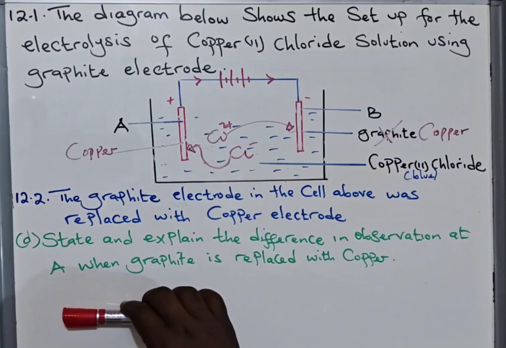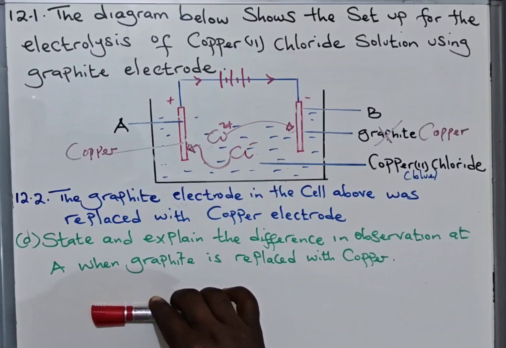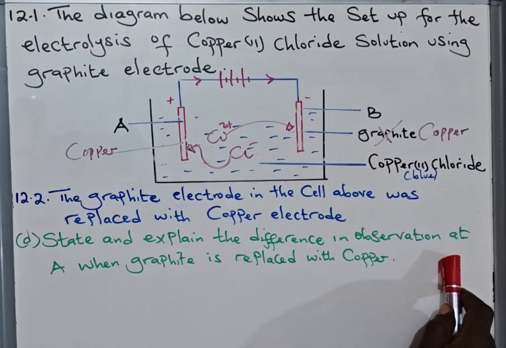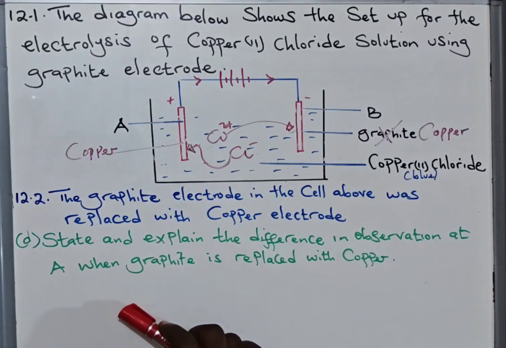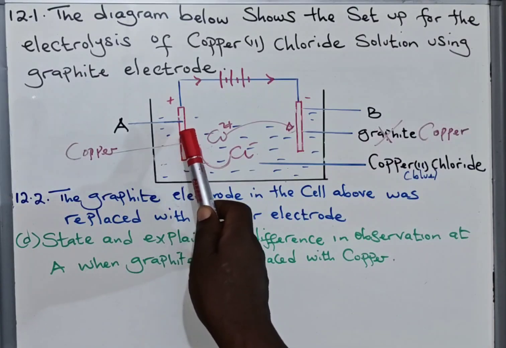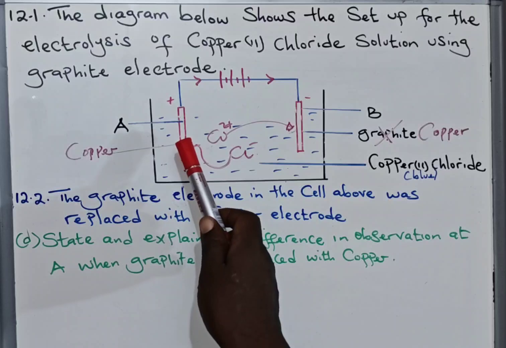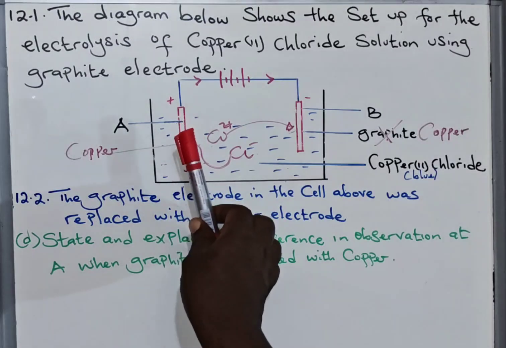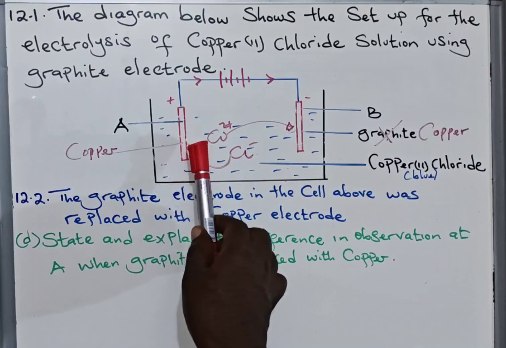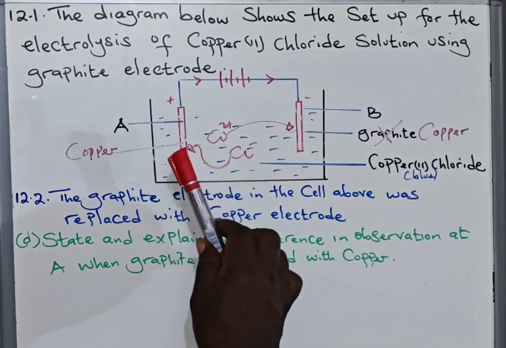Then now we come to this question. It says that state and explain the difference in observation at A when graphite is replaced with copper. What is the difference? The difference is that when graphite is there, chlorine gas was formed at A. And when graphite was replaced with copper, it's copper which underwent oxidation, so reducing in size.